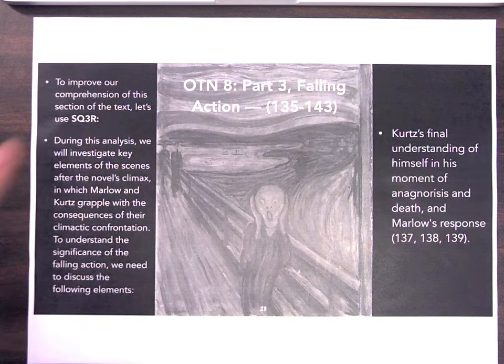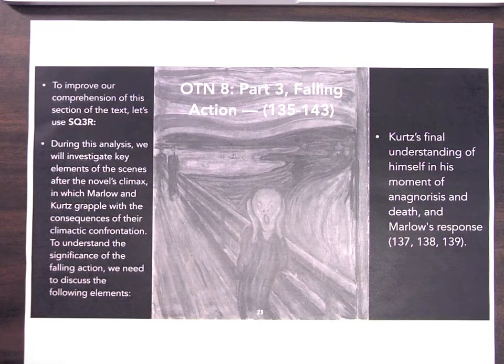So we've already completed our SQ3R for this portion of text, and in doing so, we looked backwards and summarized Marlowe's experiences, the speaker of this text, the protagonist of this journey, up to this point. Basically they can be summarized as follows. Marlowe leaves Europe looking for a kind of morally coherent, authentic life.